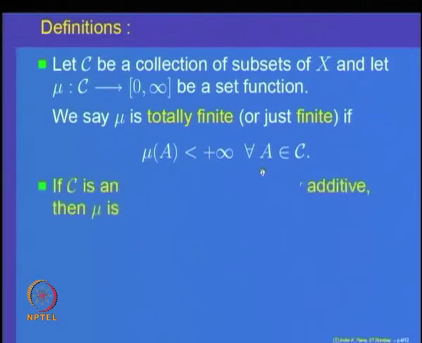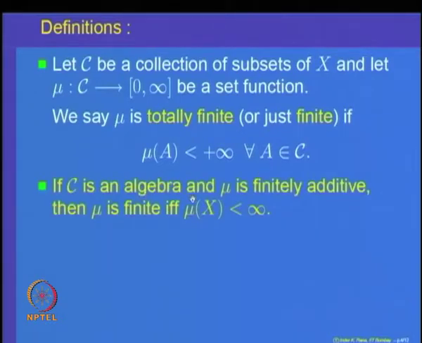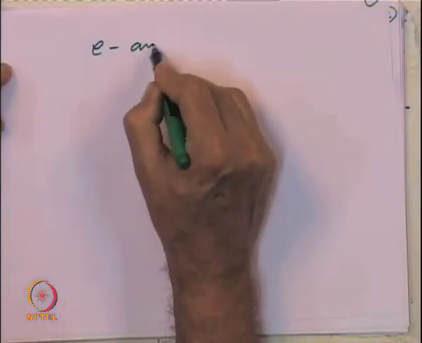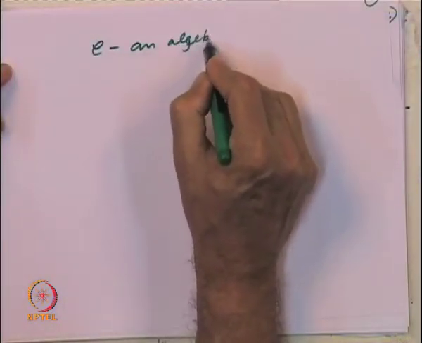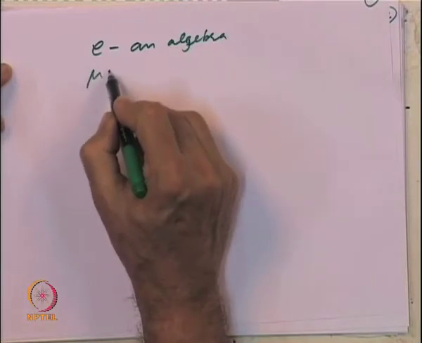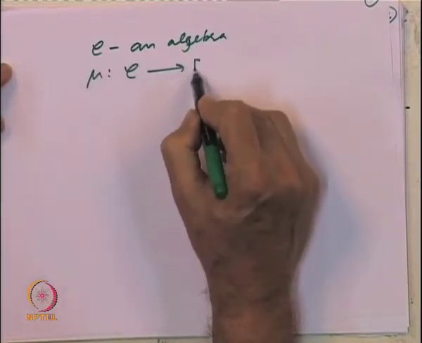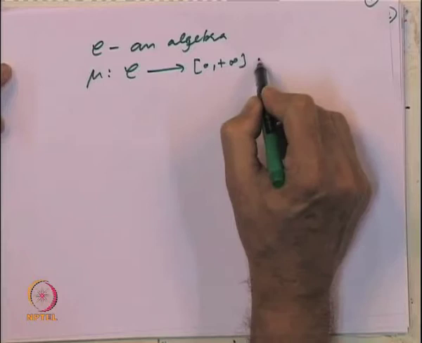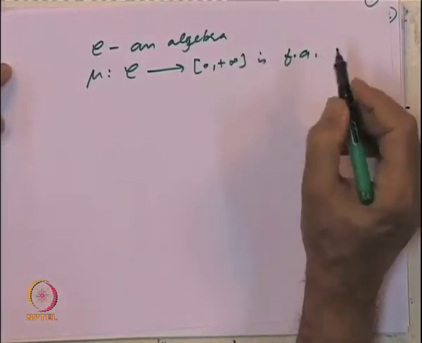And note that in case C is an algebra and mu is finitely additive, then mu is finite if and only if mu of X is finite. So, to look at that, let us assume C is an algebra and mu from C to 0 to infinity is finitely additive.